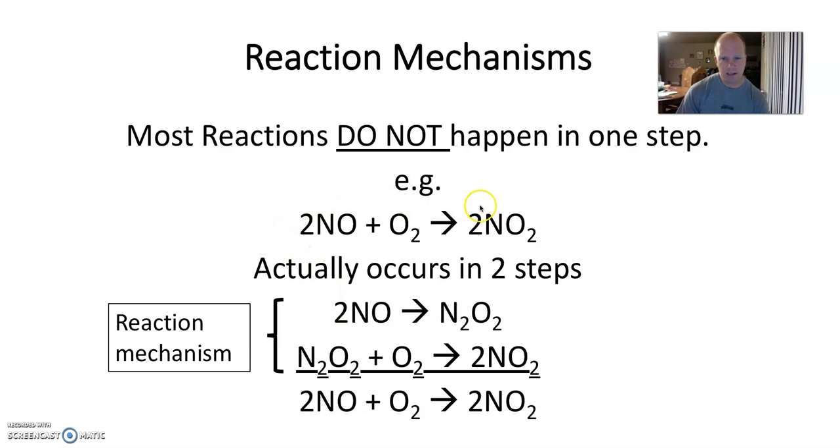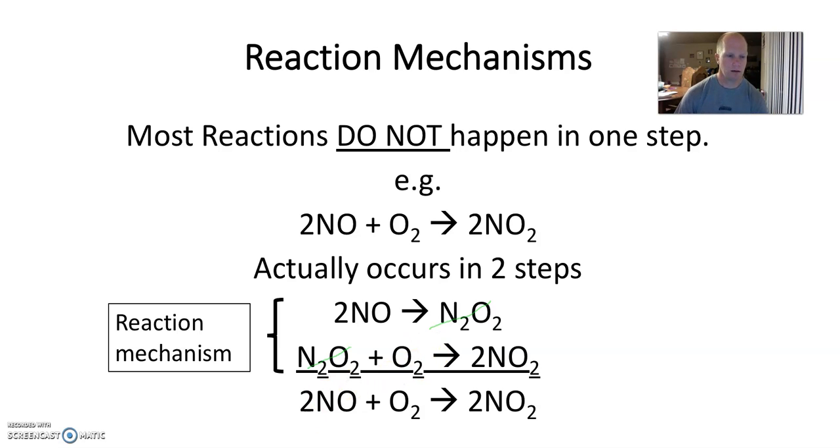We've got this basic reaction right here, and we have this mechanism with two steps, where the two NOs form dinitrogen dioxide, and then that dinitrogen dioxide reacts with the oxygen to form our two nitrogen dioxides. Overall, the N2O2s cancel out, so even though they're present, they are not really a product or a reactant in the reaction.